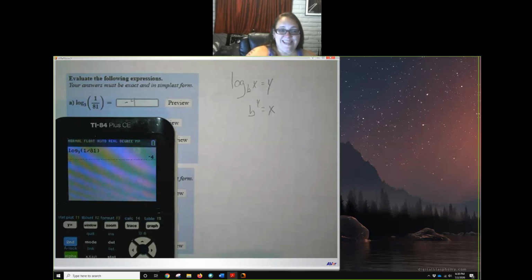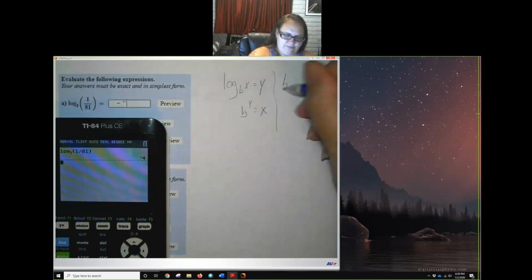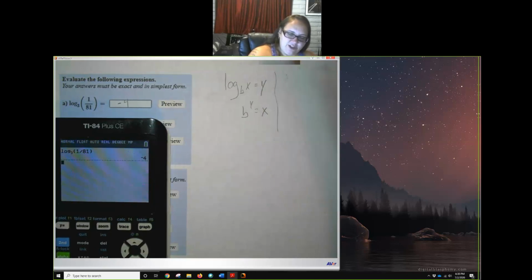Now, if you have a TI-84 and you do not have that log base option in math, then you would do the change of base formula, which is that the log with base b of x is the same as doing the log of x divided by the log of b.